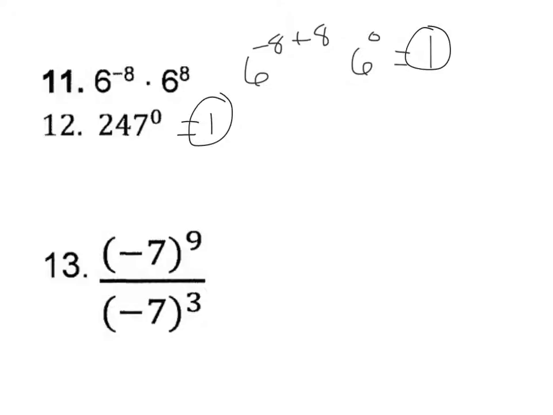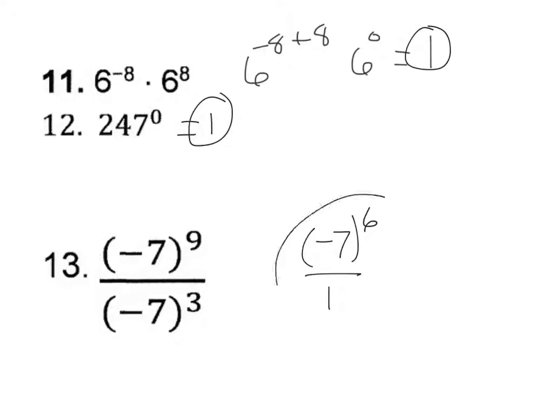Number 13. Well, we've got negative 7 to the 9th over negative 7 to the 3rd. And one thing that you should remember is that you've got 9 of these negative 7s in the top and 3 in the bottom. So if you canceled, you'd be able to cancel 3 sets, leaving you with negative 7, and you'd have 6 of them remaining in the numerator.